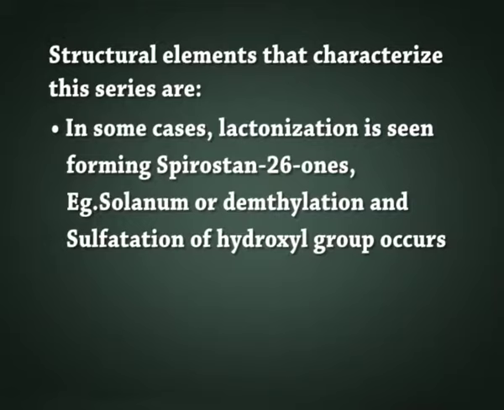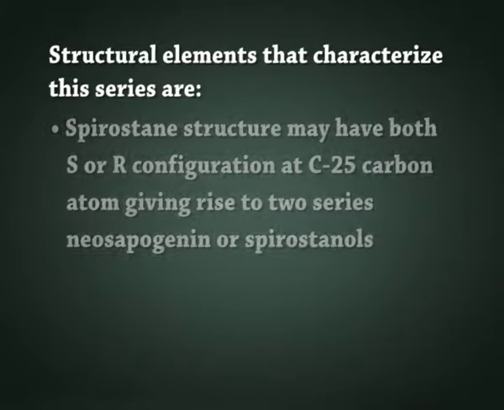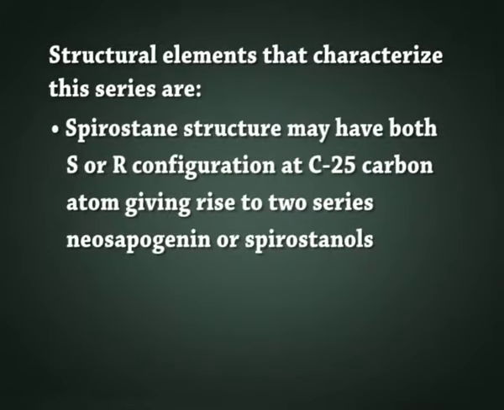In some cases, lactonization is seen, forming a spirostane 26-one. An example is solanum, where demethylation or sulfation of the hydroxyl group occurs. The spirostane structure may have both S or R configuration at the C25 carbon atom, giving rise to two series, neospirostanols or spirostenols.